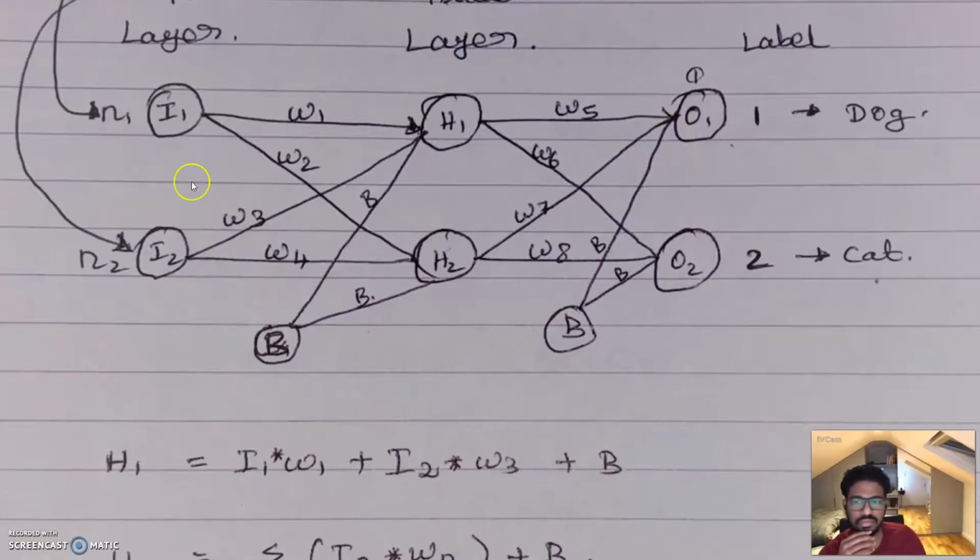Take for example that you are feeding the image of a dog, and in the first forward pass you won't get the desired output here, because if the neural network has properly learned, then it has to say this value as 1.0.